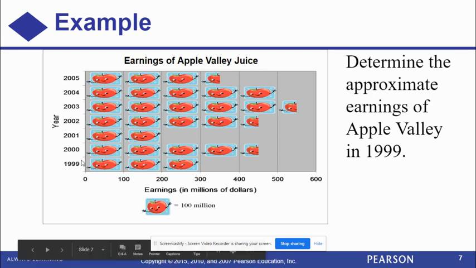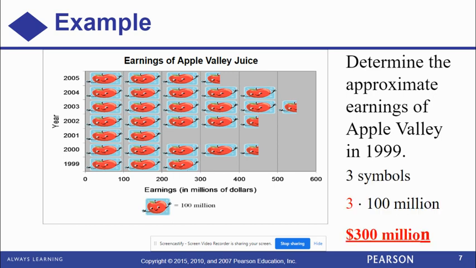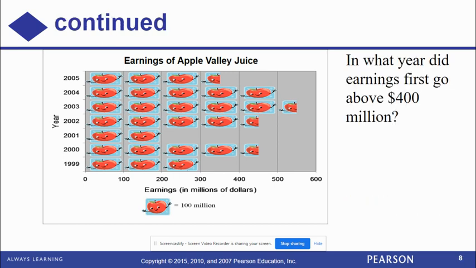Look at the table, the year value. In 1999, we see 1, 2, 3 symbols of 100 million. So 3 times 100 million is 300 million dollars. Or you can do 100 plus 100 plus 100 million, which gives you 300 million, the same thing. So 300 million is the answer.